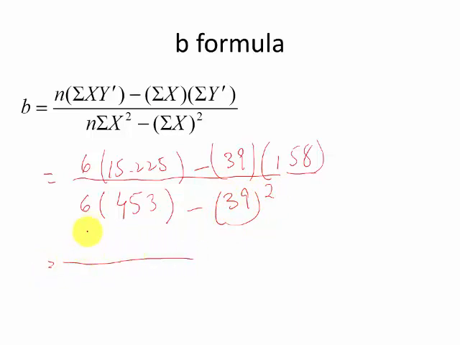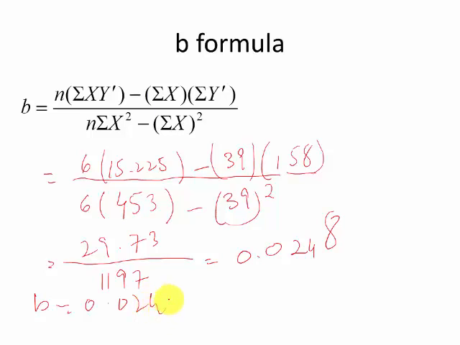Simplify the above term, it will become 29.73, and at the bottom you will get 1197. Further solve it, you should get 0.0248. So b is 0.0248.